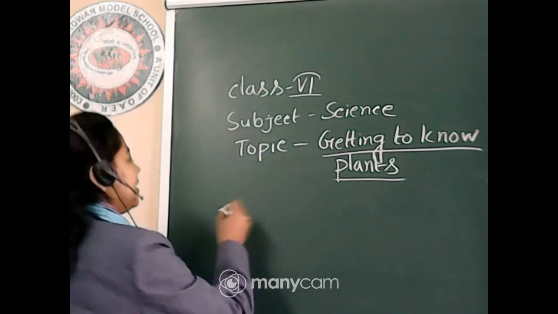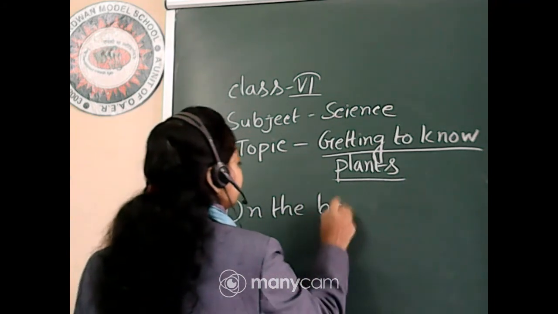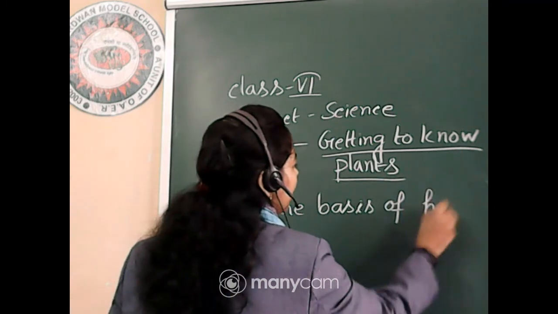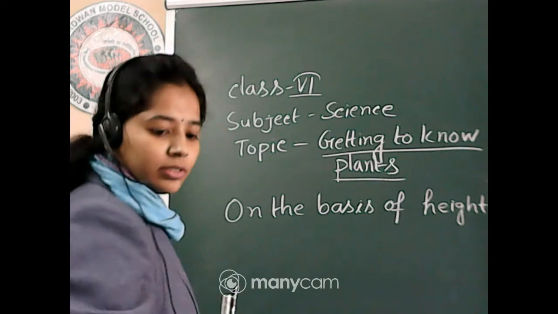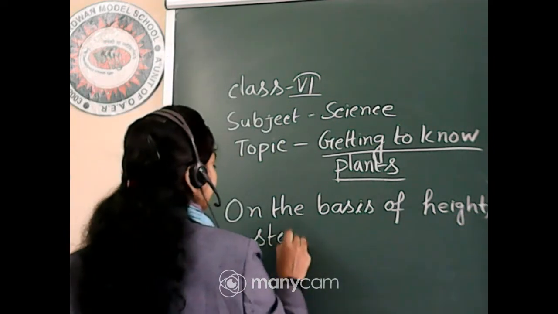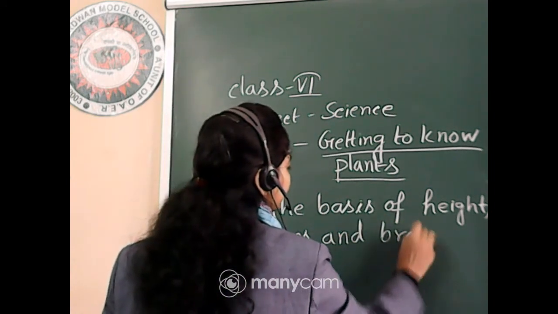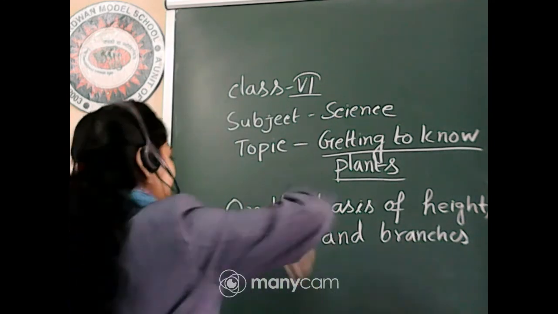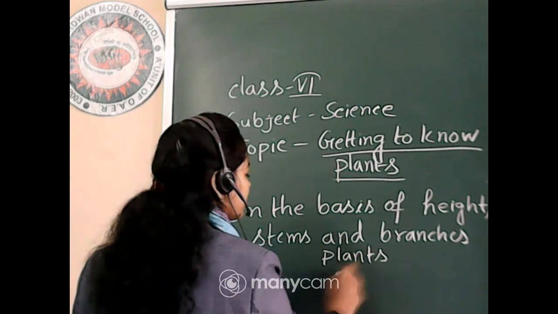So we can write: on the basis of height, stems and branches, plants can be divided into three main groups.